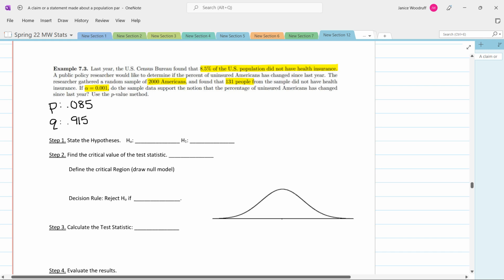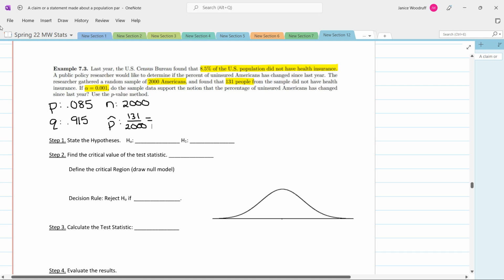And then let's see here. The researcher gathered a sample, so that your sample size is 2,000. In that sample, 131 do not have health insurance, so that is P hat. P hat is the sample proportion. So that's 131 out of 2,000.